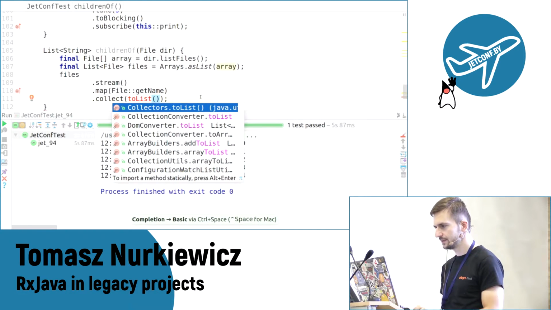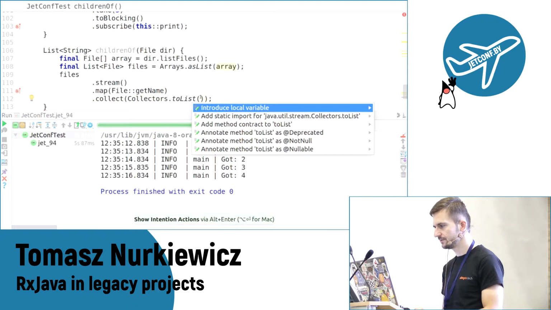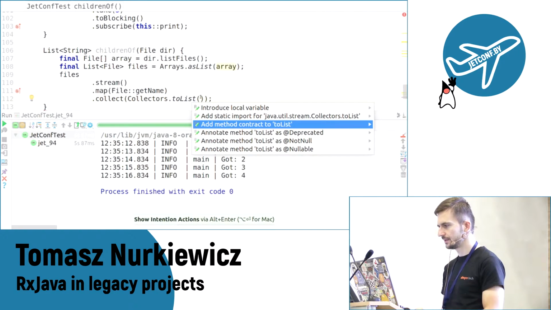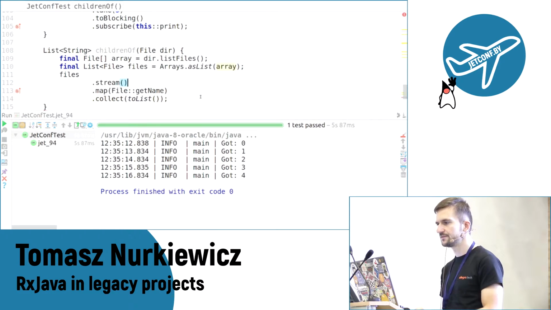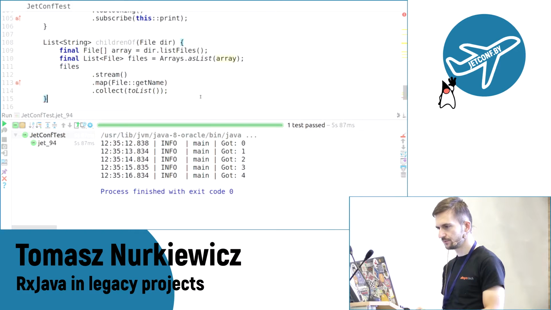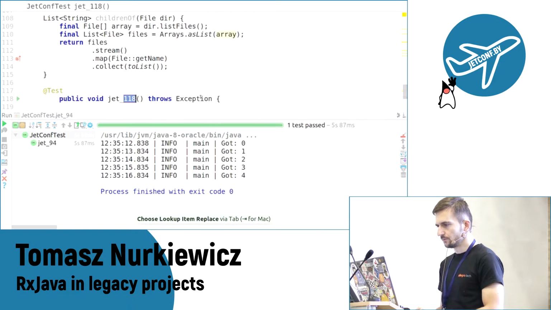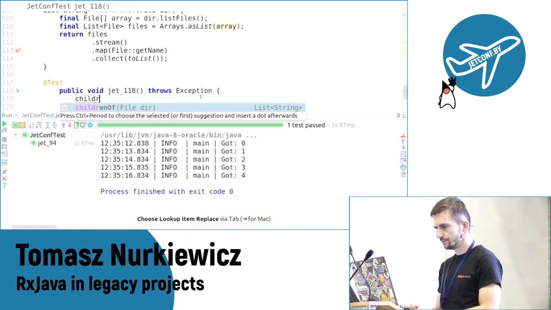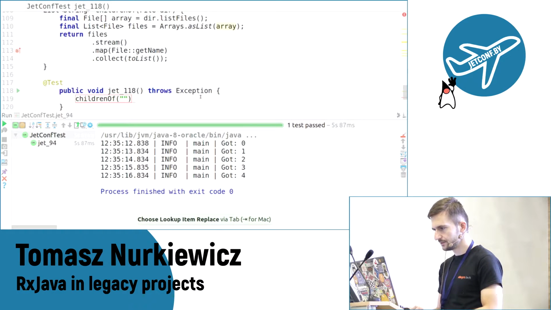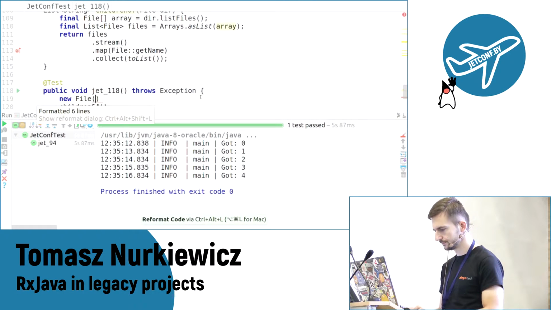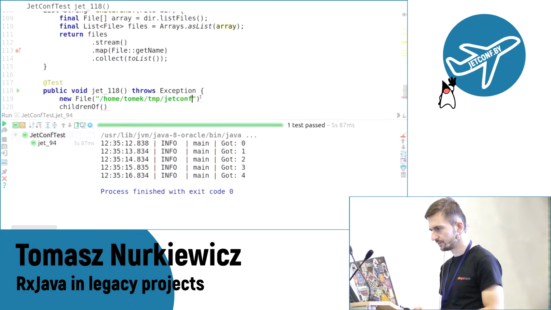All right, so what happens here is that I have a very, very simple method that returns a list of files in a given directory. Let's make sure it works. I think I have to actually return it. So, children of, and let's just have a directory called, it's just a directory I happen to have on my file system.